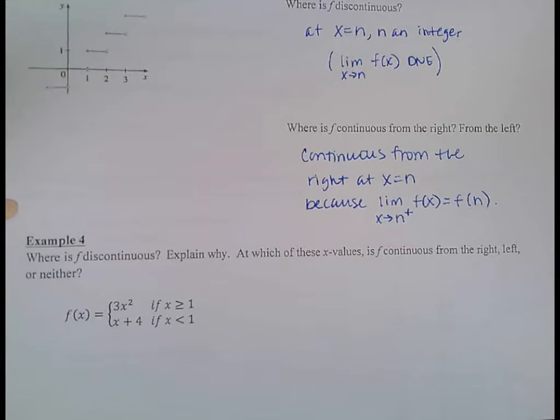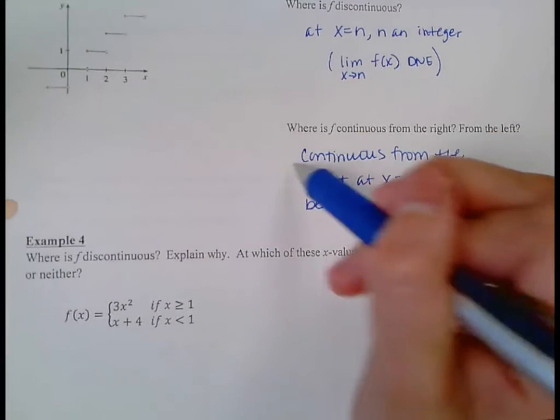And then every limit from the left is never equal to a function value. So it's never continuous from the left side, but continuous from the right side at every integer.